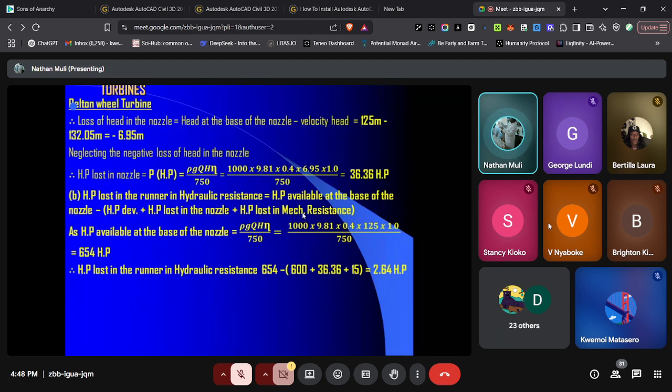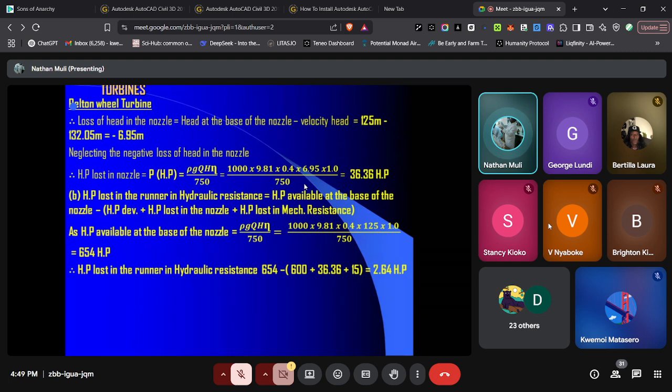So therefore, horsepower loss in the nozzle equals rho g Q H eta by 750, is 1000 by 9.81 by 0.4 by 6.95 by 1. Unless otherwise stated, you take 1 for efficiency, divide by 750, and this translates to 6.36 horsepower.